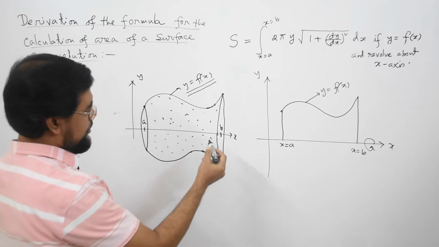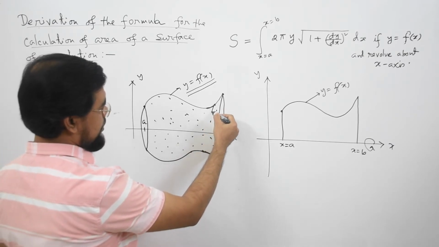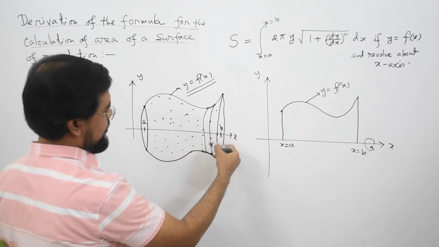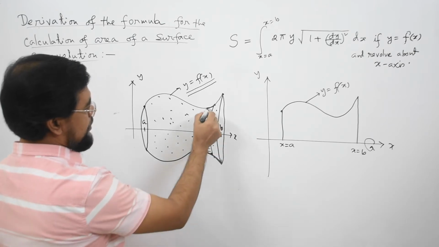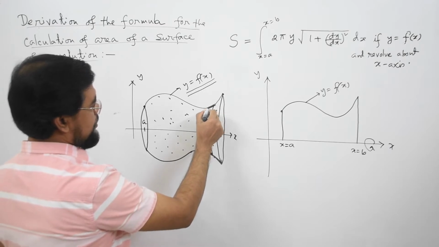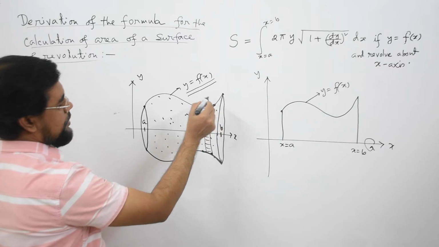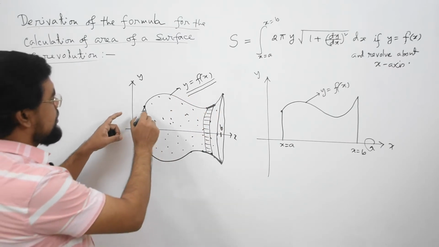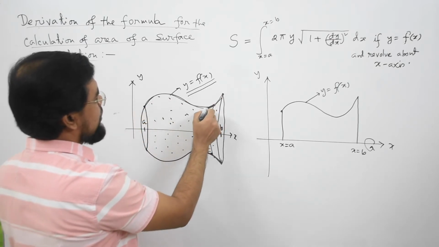First, let us consider a small band like this. The target is to calculate the arc length of this curve.